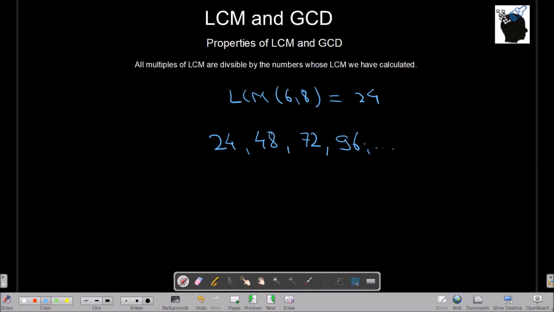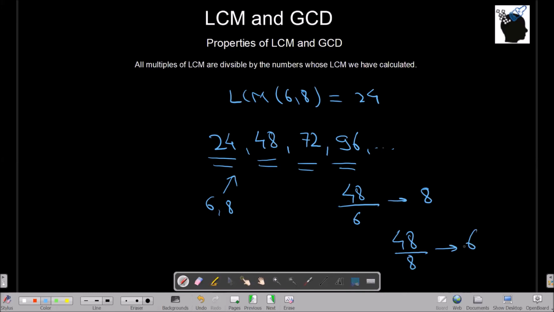All of these multiples of 24 will be divisible by both 6 and 8. That means 48, if I divide by 6, I'll get an integer. Similarly, 48, if I divide by 8, I'll get an integer. So all multiples of the LCM are always divisible by those numbers whose LCM we have calculated.